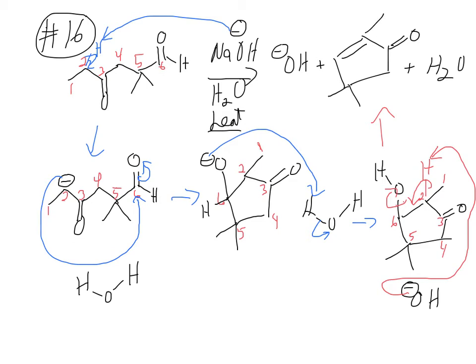Let's number our carbons: 1, 2, 3, 4, 5, 6. Right, we got a 5-member ring, and an alpha beta unsaturated ketone is what we've just made. Good.